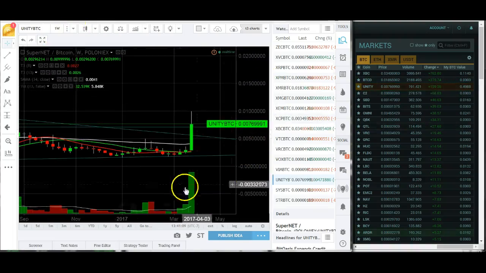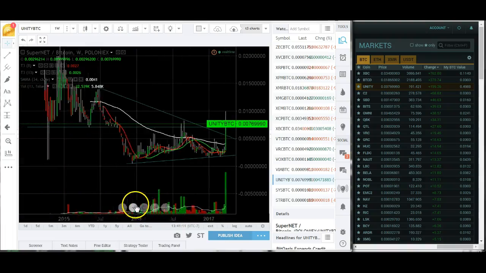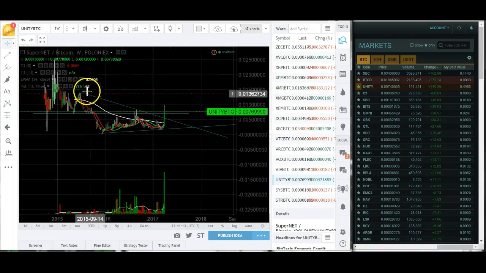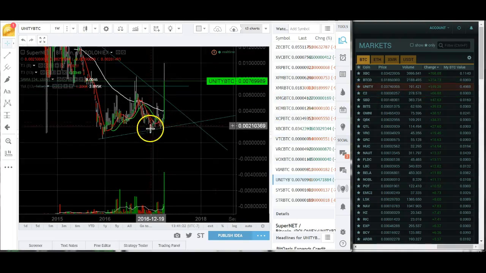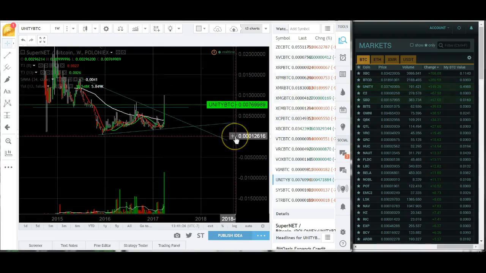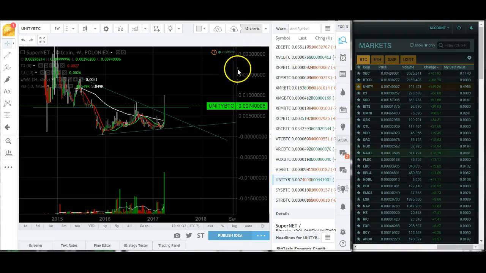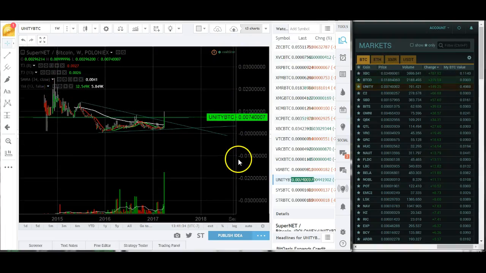Let's start with the weekly. See where we're at. Unity had a long-term trend line break this morning. I've owned it since it was before the off this double bottom. So today I've actually increased my leverage on it, but not too much, not too much.